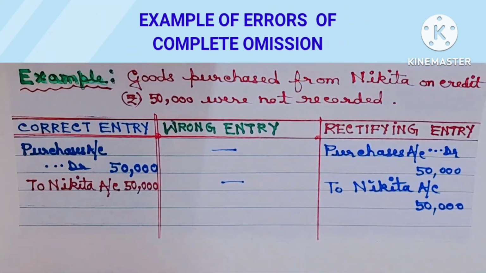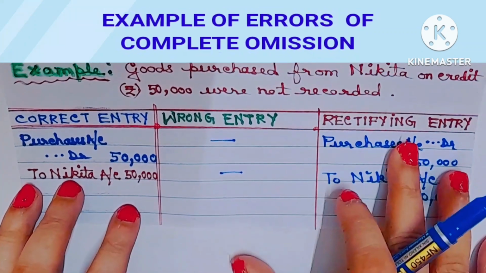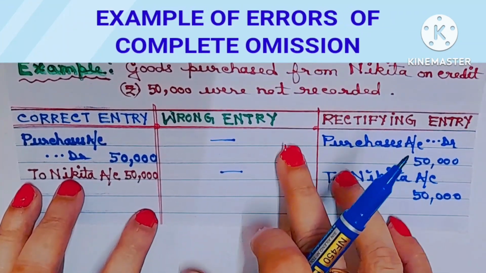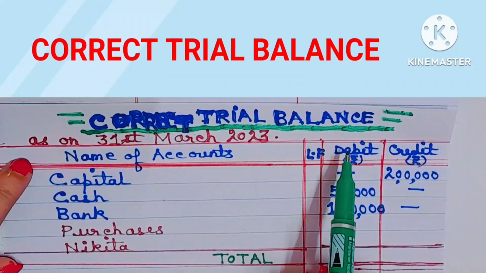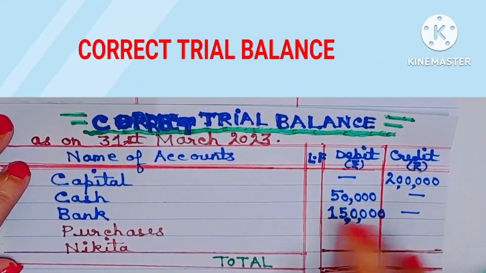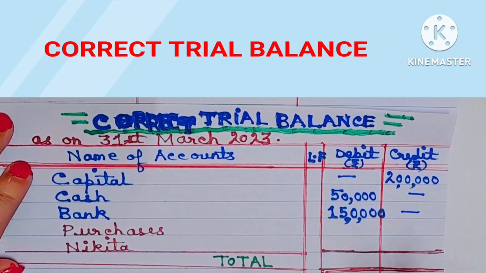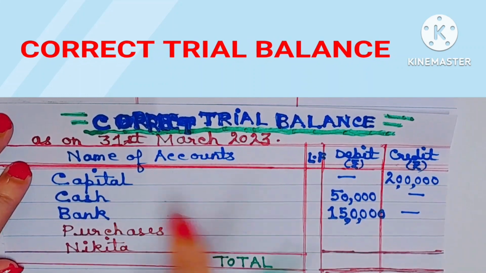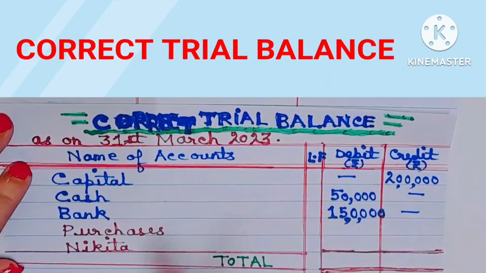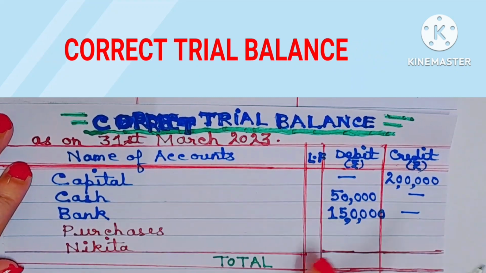Understood? Now let me show you whether the total of trial balance will tally or not, even though this is a two-sided error. Okay? See, this is the correct trial balance. Debit column, credit column, name of accounts. Assuming capital, cash and bank balances were already given to us. Capital 2 lakhs in the credit column. Cash 50,000 in the debit column. Bank 1,50,000.